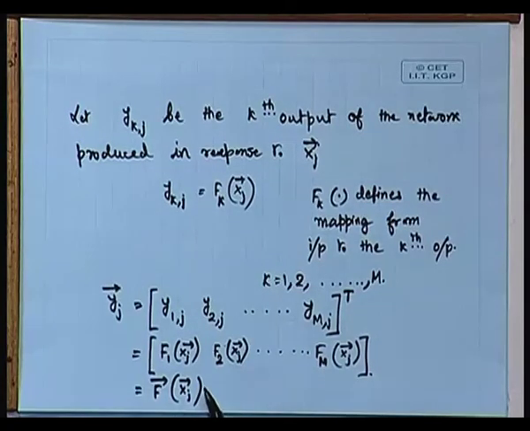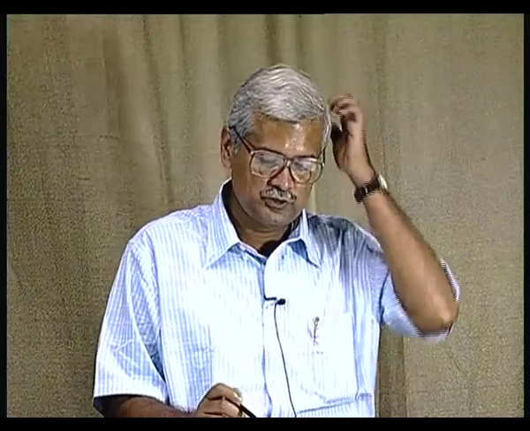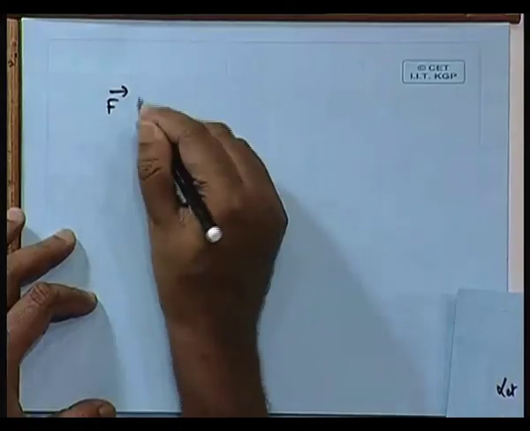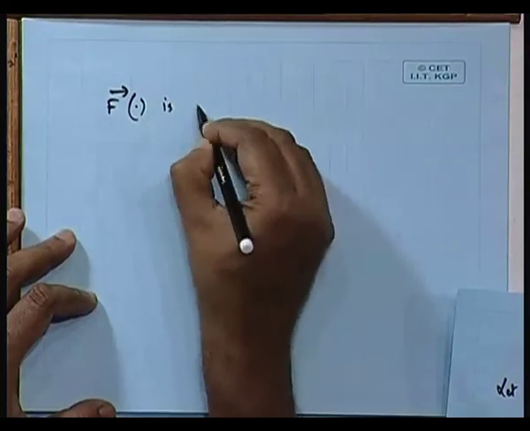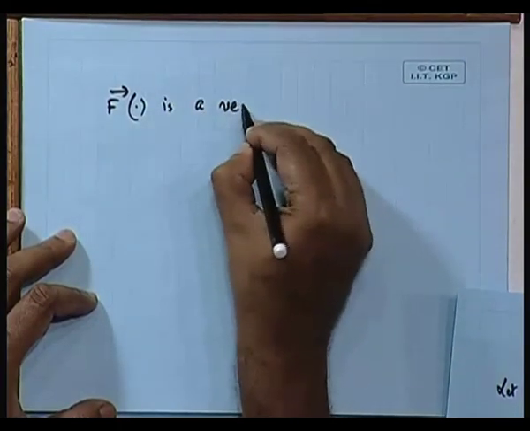So, this is the vector valued function. Is it all right? Okay. So, now here f is a vector valued function.